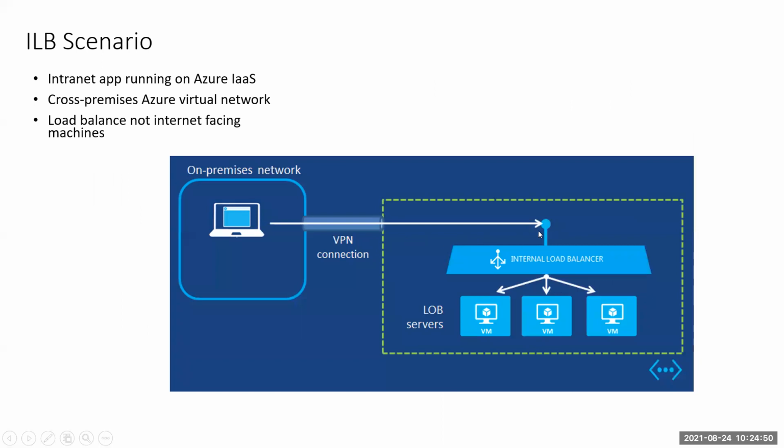So this is the scenario. See, now the load balancer is sitting inside the VNet. This is the VNet and the load balancer is sitting inside and it will be configured for the virtual machines. And if you want, it's not mandatory, if you want to communicate with the load balancer, you can communicate from the on-premises network.